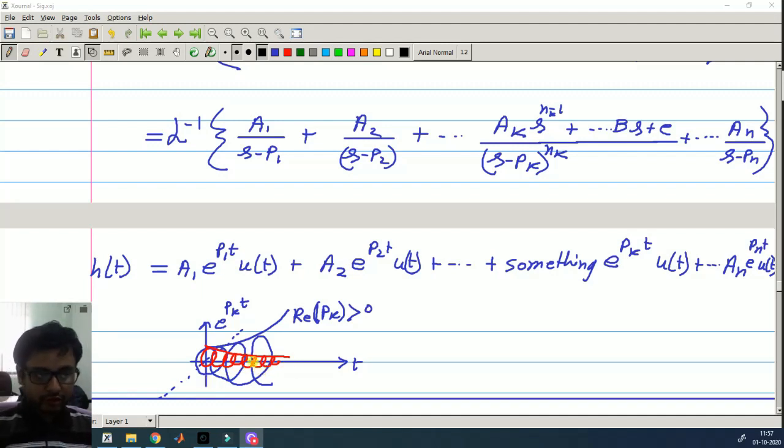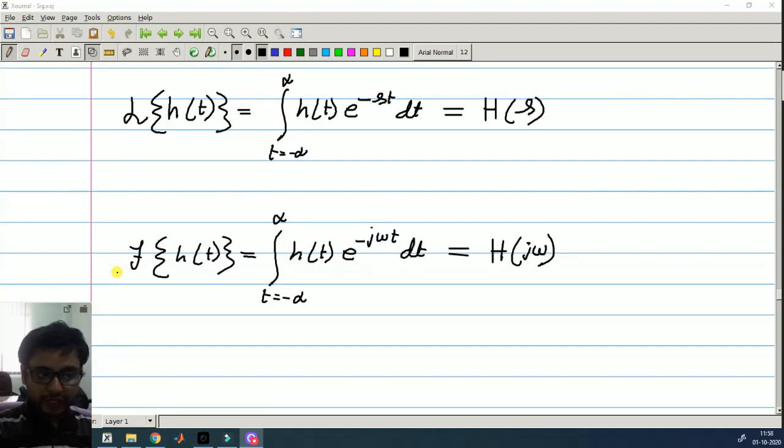Therefore such an impulse response will be square integrable, and the Fourier transform can exist. And then it is true that if you replace s in the Laplace transform with j omega, you will get the Fourier transform.